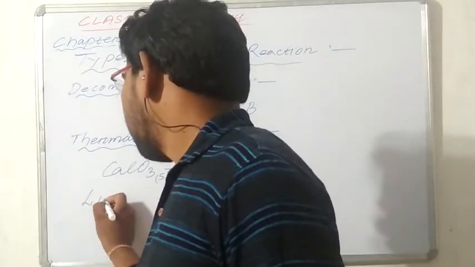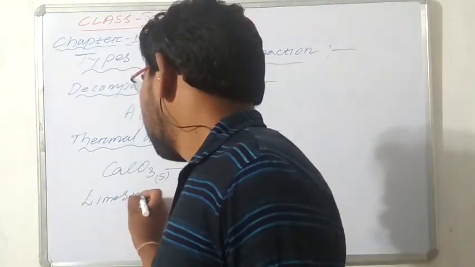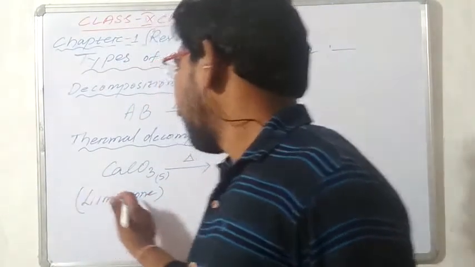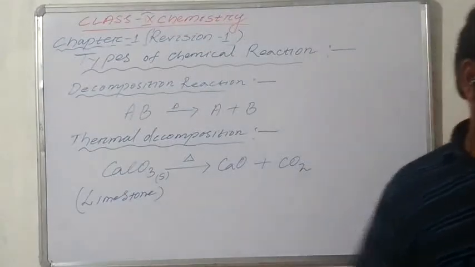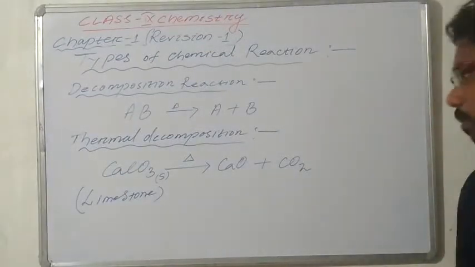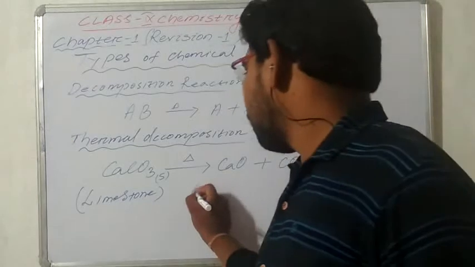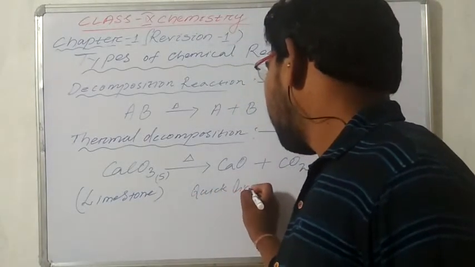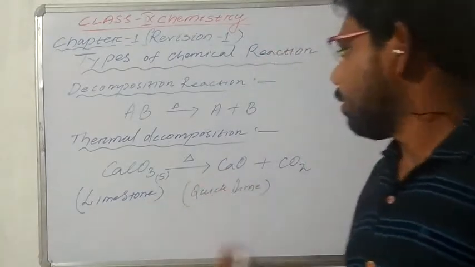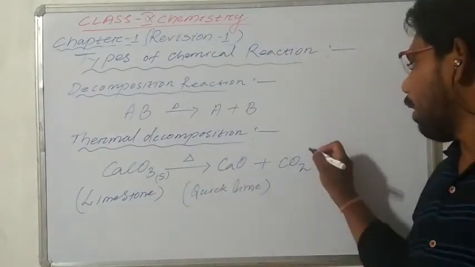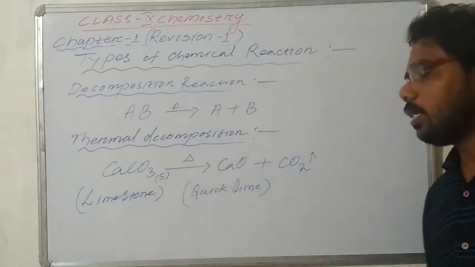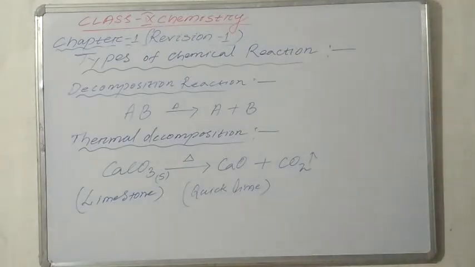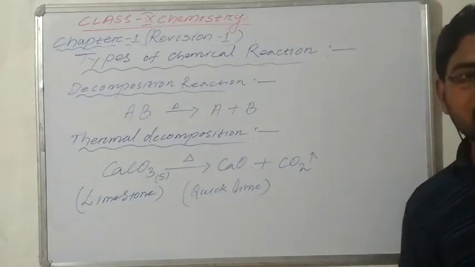When limestone is heated, it changes into calcium oxide, also known as quicklime, and carbon dioxide gas is also produced. This is one example of a thermal decomposition reaction.